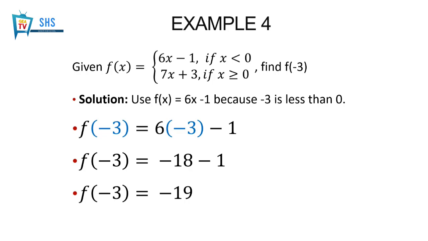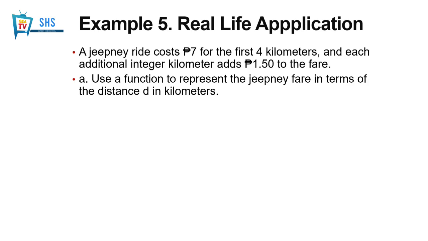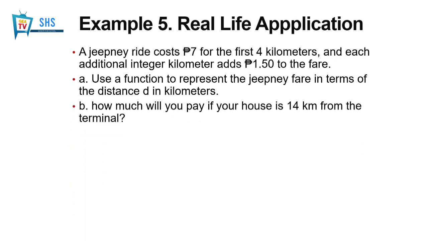In our example number 5, we have a real-life application. A jeepney ride costs 7 pesos for the first 4 kilometers, and each additional integer kilometer adds 1.50 to the fare. Use a function to represent the jeepney fare in terms of the distance d in kilometers. How much will you pay if your house is 14 kilometers from the terminal?